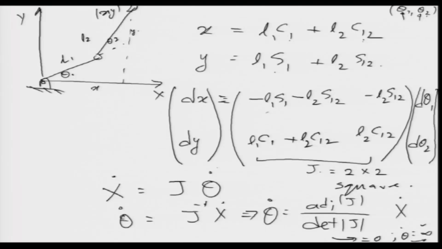Now, let us see, for this 2-link manipulator, what the singular positions are. We said that the determinant of the Jacobian is equal to 0 at a singularity. So, in this particular case, this is my Jacobian.